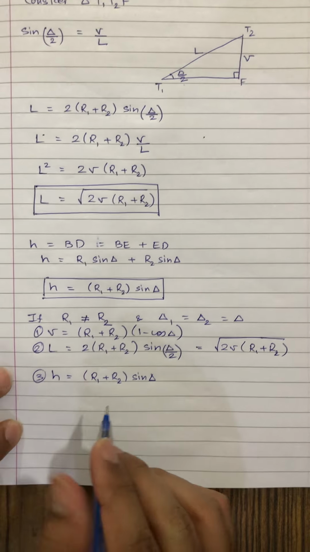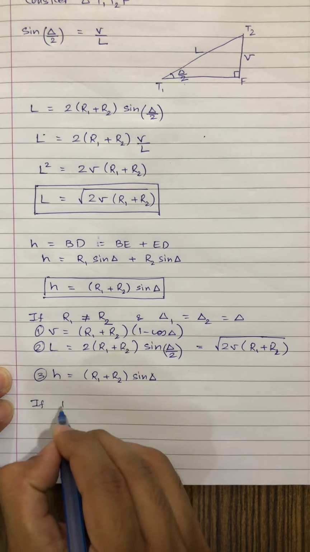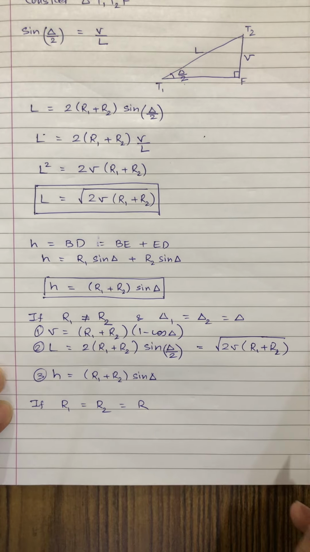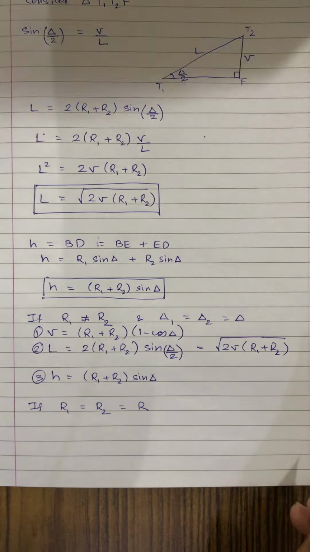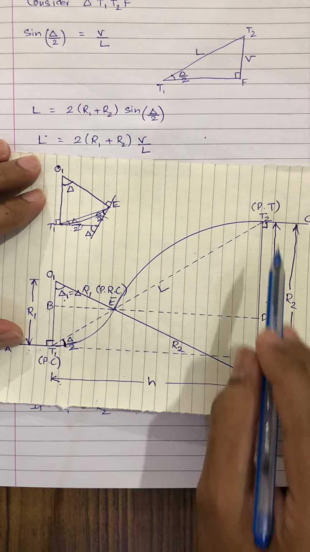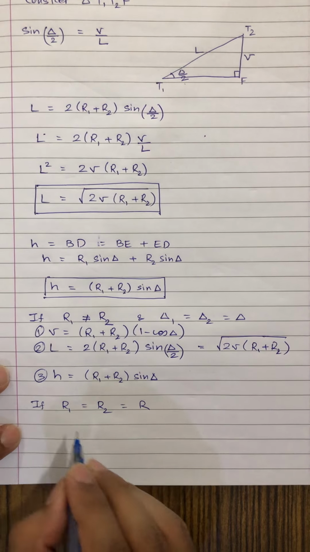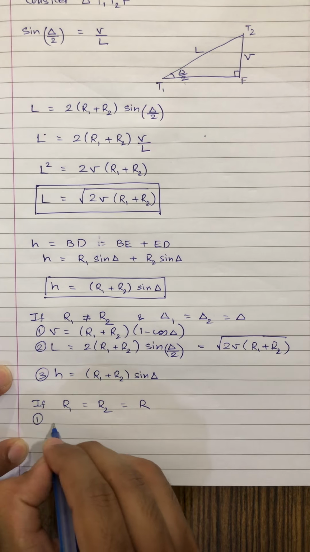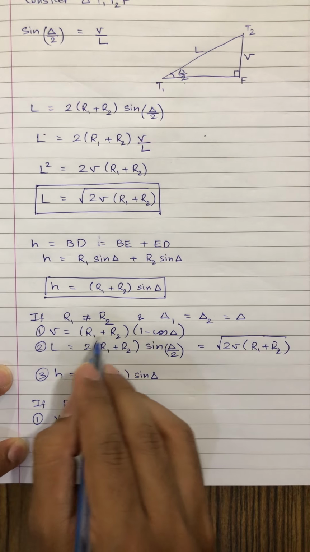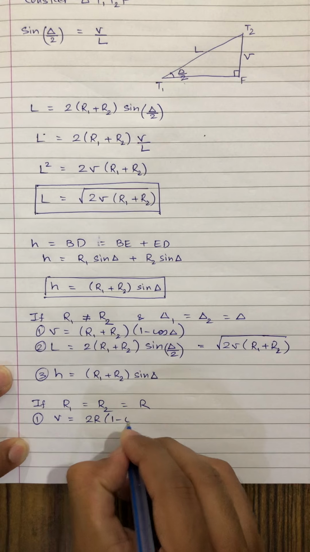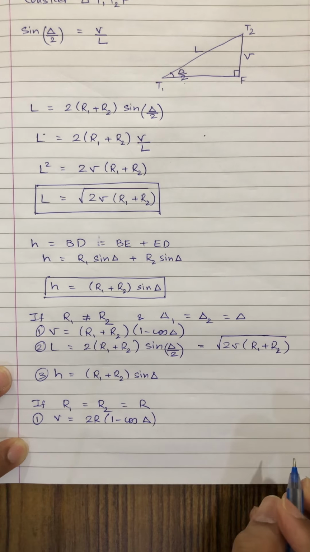Now in a special case, assume that R1 is equal to R2, which is equal to this radius R. So how will these equations change? The first equation will become V is equal to 2R into 1 minus cos delta.